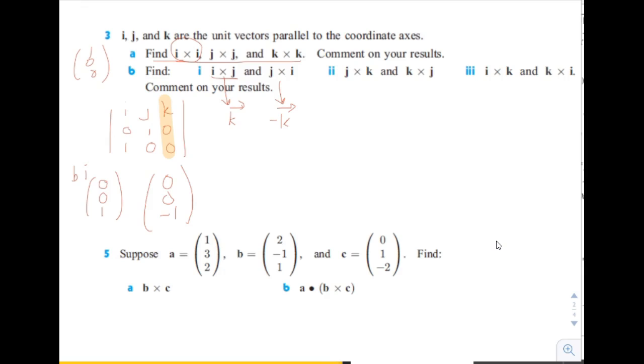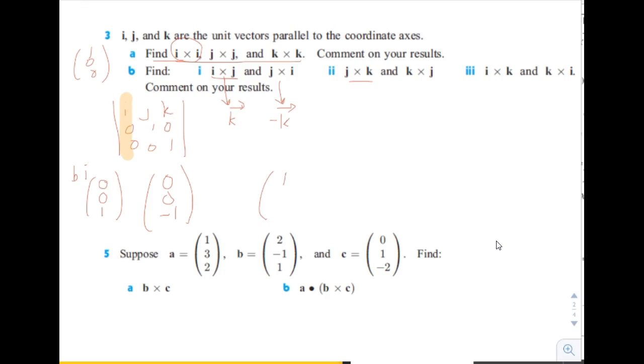Okay, and so let's do now J cross K. J is 0, 1, 0, of course. K is 0, 0, 1. And if we cover the I column up, we can see that we're going to get a determinant of 1.